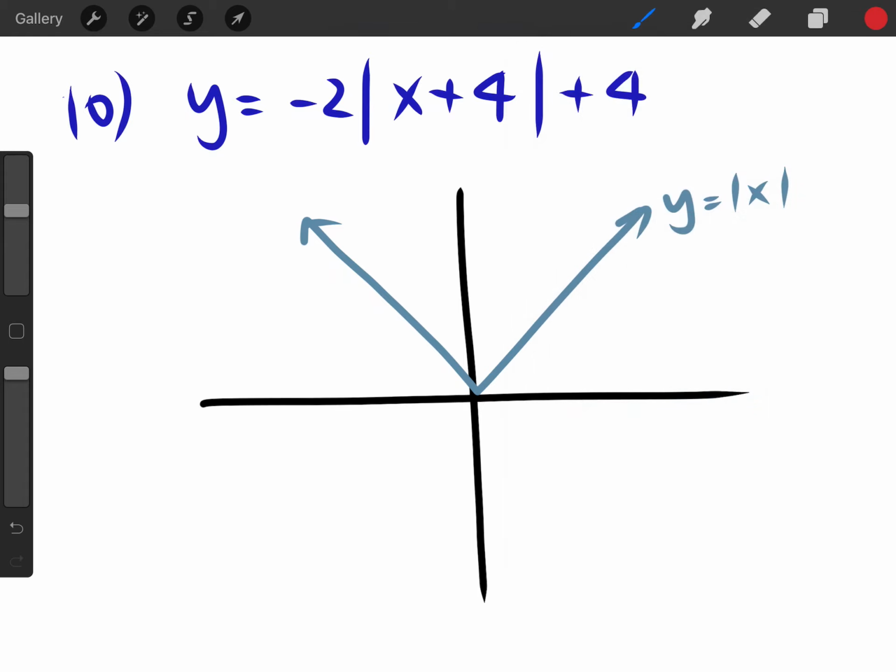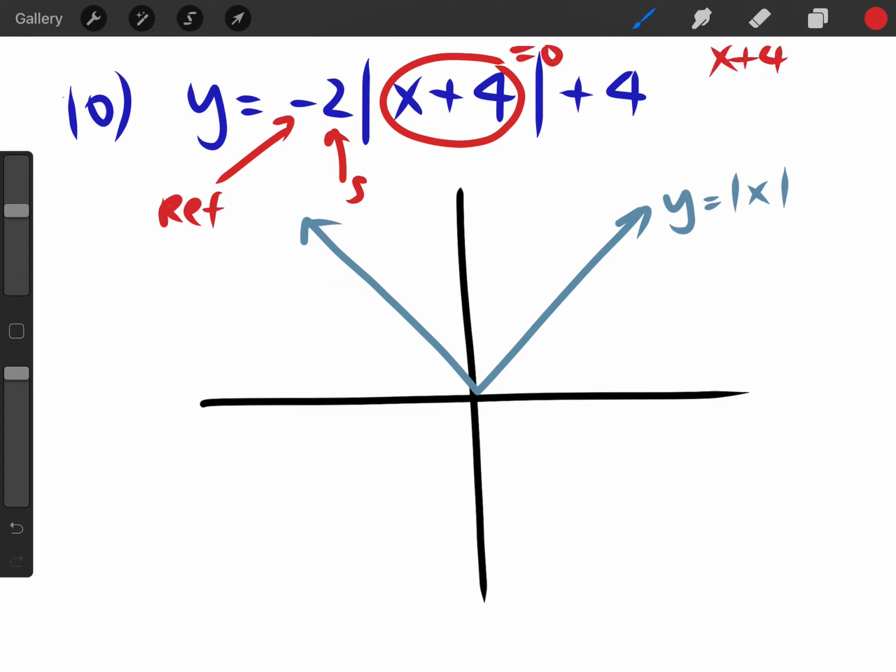This time you're going to see a negative, which means there's going to be a reflection, and then a 2, which means it's going to be steeper. Just put S. Inside of the absolute value, we set it equal to 0. So x plus 4 equals 0, minus 4 on both sides, so x equals negative 4. That means it's going to go left by 4 units, and then you have a plus 4, which means it's going to go up by 4 units.